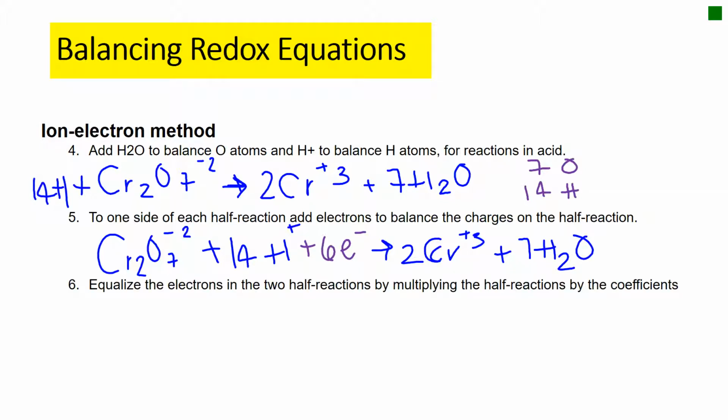Now our next step is going to equalize the electrons in the half reactions by multiplying the half reactions by the coefficients. So originally we had this reduction reaction. And then we had Cr2O7.